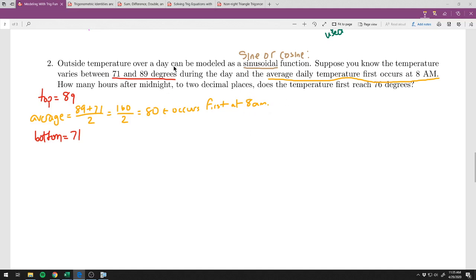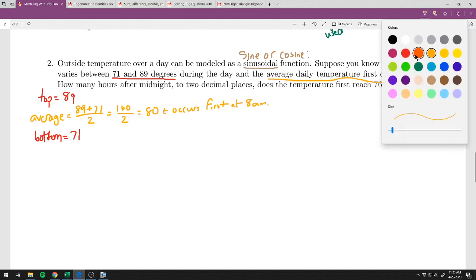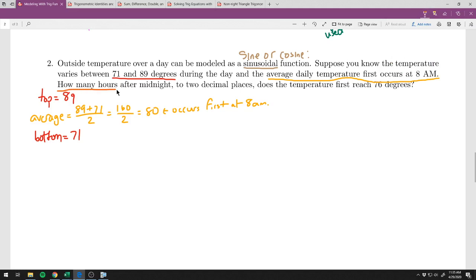The question is, how many hours after midnight, to 2 decimal places, does the temperature first reach 76 degrees? You're going to see this type of question, does it first reach, because it's going to get to 76 twice. We want the first time.